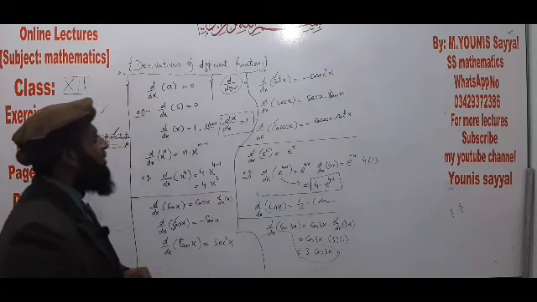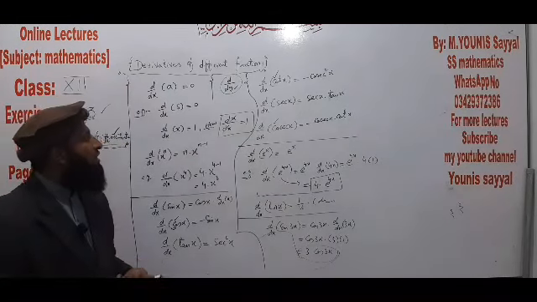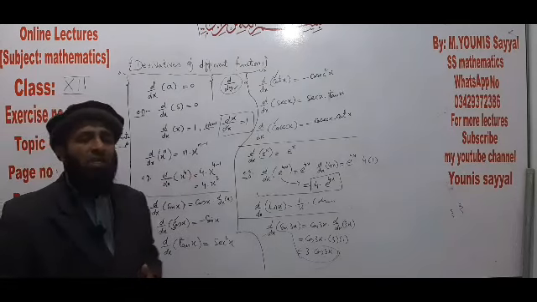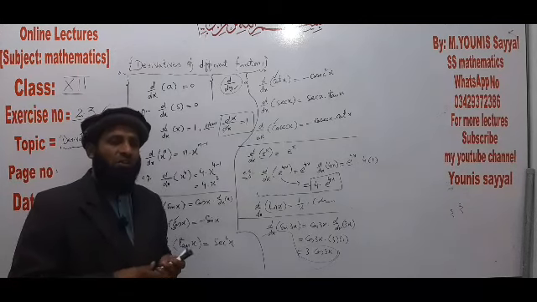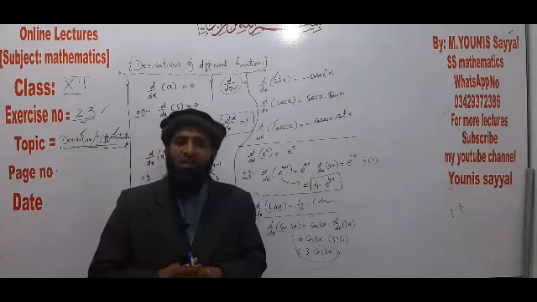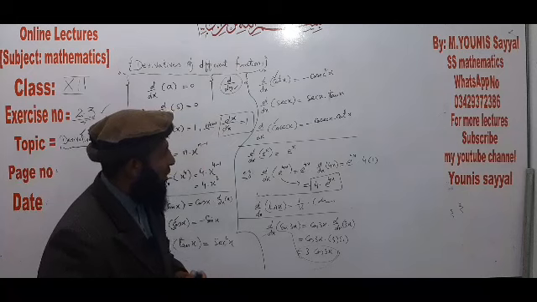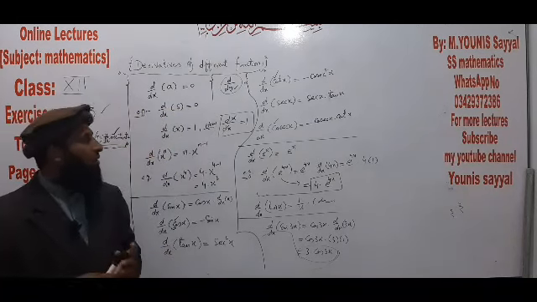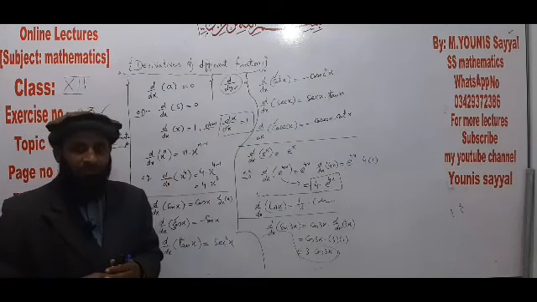So our next topic is very important. Stay with me and see the lectures of derivation, and then we will solve some questions of derivation which are used in every class: second year FSc, third year, fourth year BA, BSc, and MSc classes also. So pick the points, learn the points, and see your next lectures.